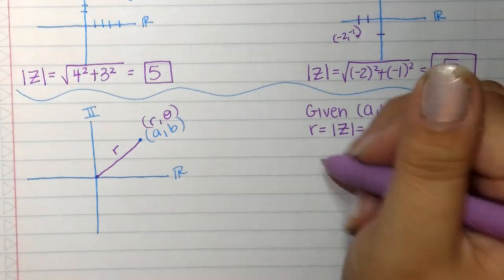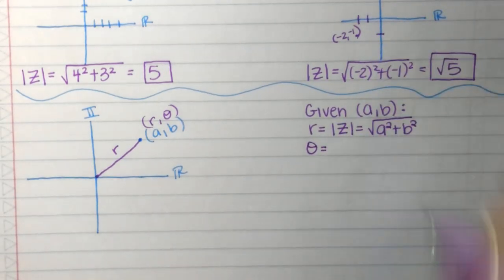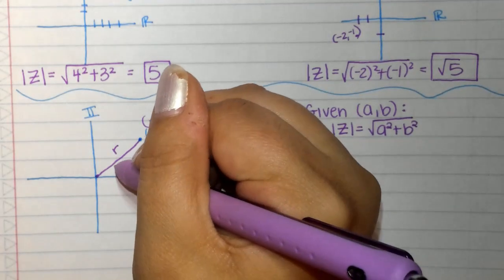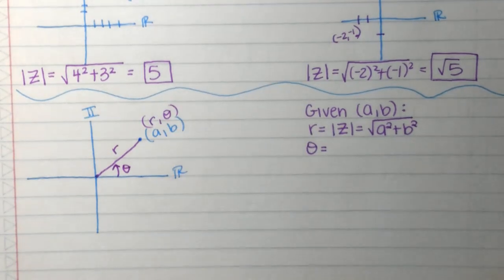How would I find theta? What is theta? An angle from what? Do you agree from the x-axis there? How would I find out what that angle is? Not sine.